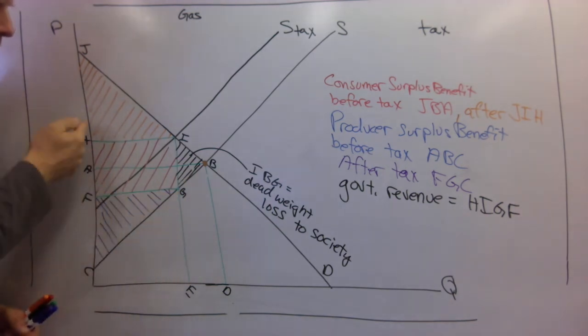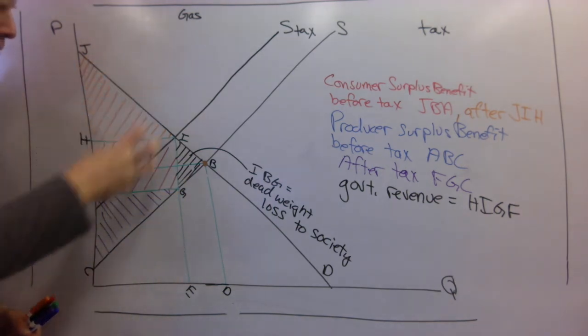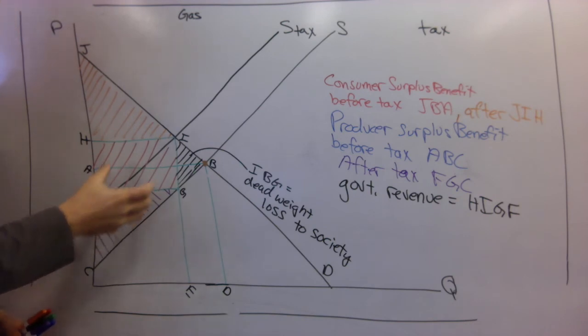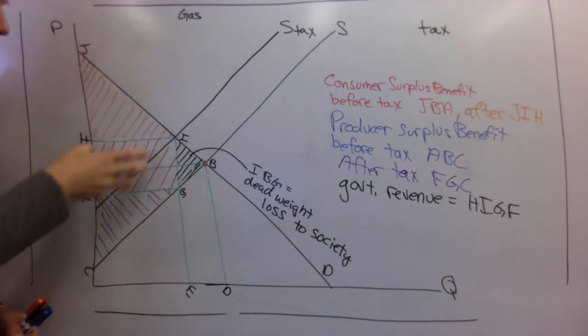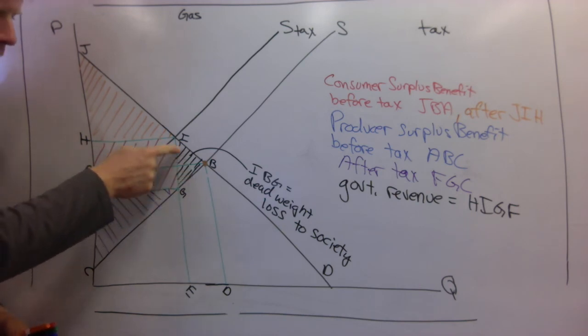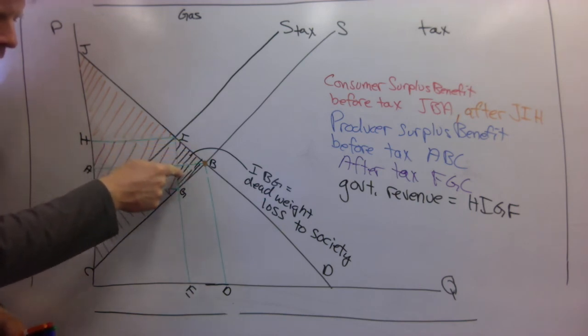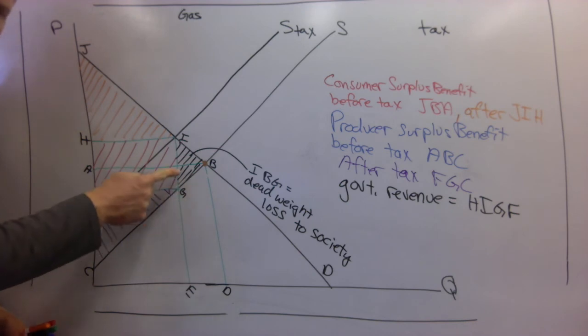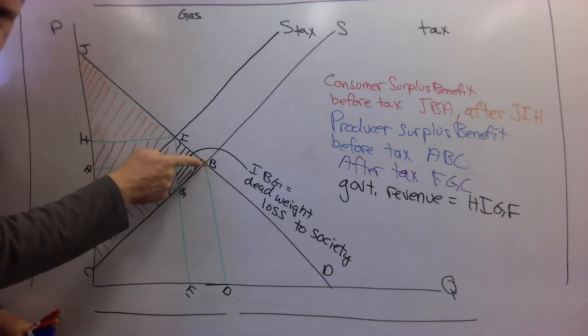We have less gas at a higher price, smaller consumer surplus, smaller producer surplus. We take from consumers and producers to give to the government, who then goes and builds a road with it. But this black inked in area, IBG, that is value we could have had in society if we had been at point B. But the tax doesn't allow us to go to point B.